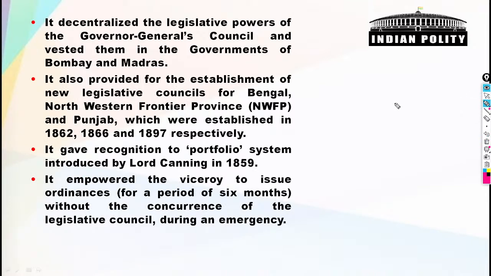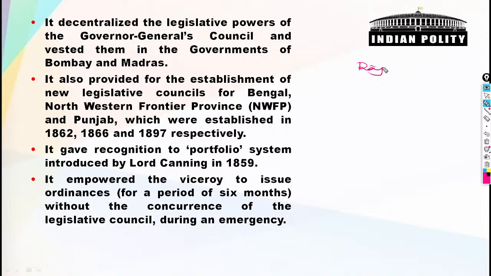And it nominated some Indians as non-official members to the executive councils, like the Raja of Banaras, the Maharaja of Patiala, and Sir Dinakar Rao.